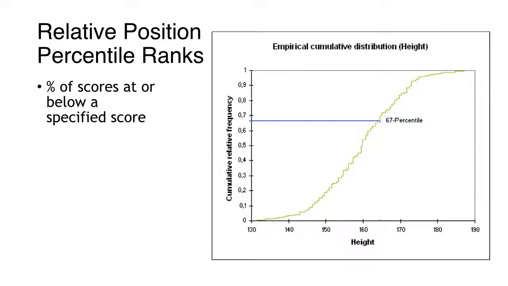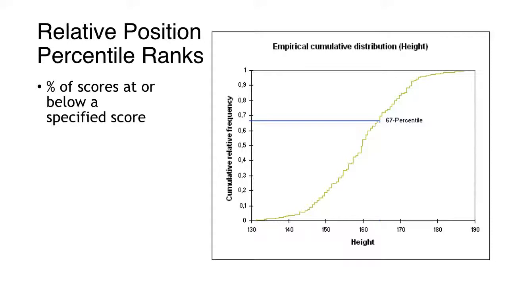So in this case, if I say that I want to know where 2/3 of the height scores are below, where's the 2/3 point? So the 67th percentile. So I draw that blue line across and I've ranked all their heights out there on the chart.